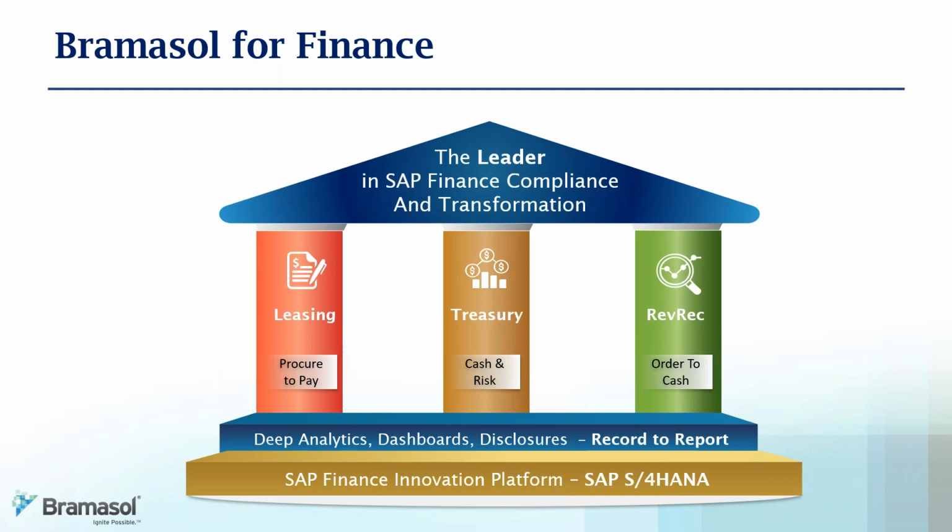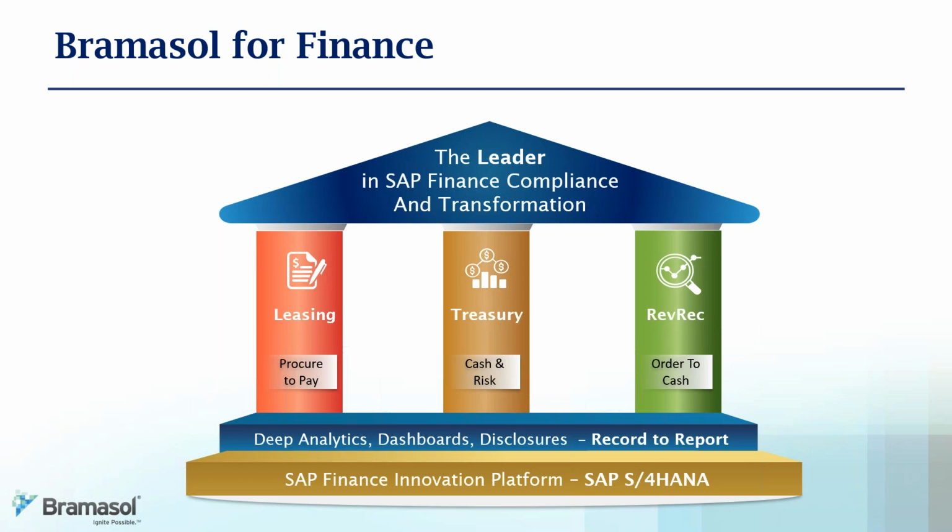It's a great way for companies who are interested in IFRS 15, 16. We'll be doing some IFRS 9 disclosure shortly to get something that gets you started quickly and is FASB and IASB compliant. And finally, of course, we leverage the SAP Finance Innovation Platform, SAP S/4HANA.